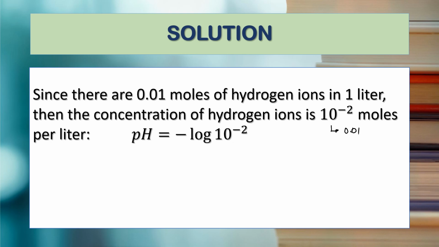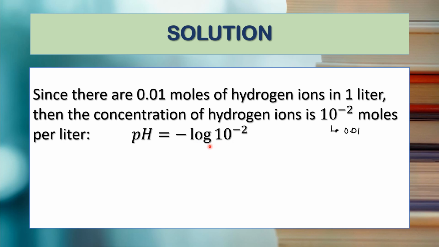So substituting to our given formula of pH, we have negative times the log of 10 to the negative 2. By definition, log of 10 to the negative 2 is the exponent by which 10 must be raised to obtain 10 to the negative 2.